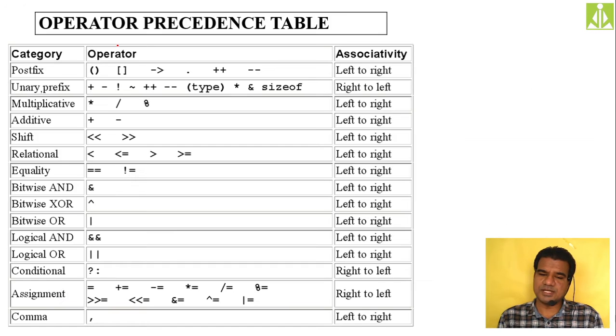So this is your precedence table. As you can see, we are not giving any explicit precedence value here, so how do we tell that a particular operator has a higher precedence value? If it is coming at the top of the precedence table, we call that operator as having the highest precedence value.